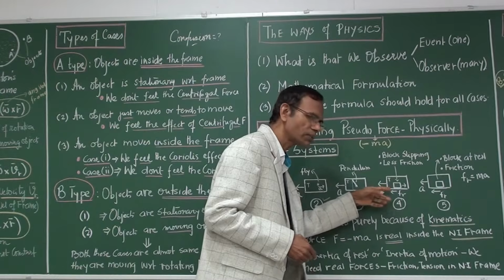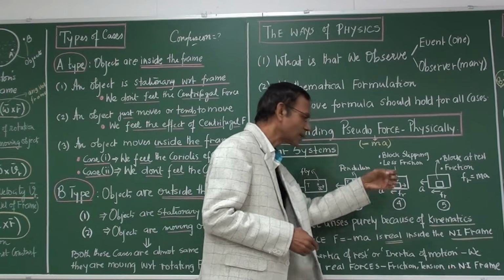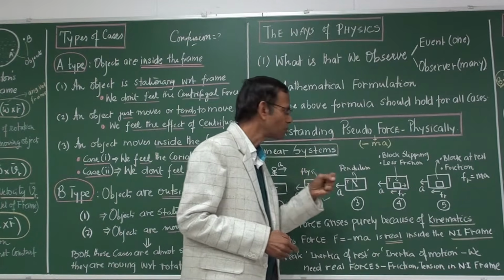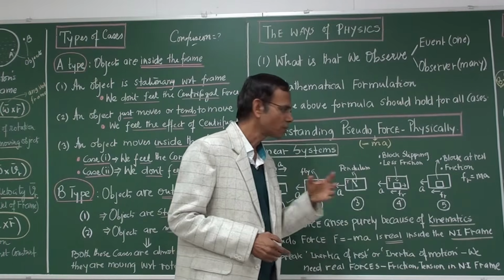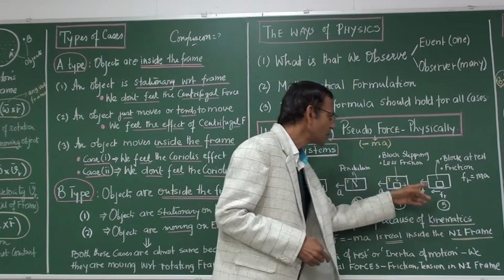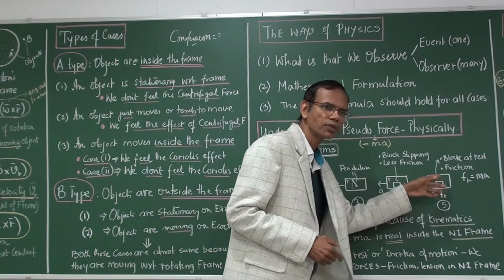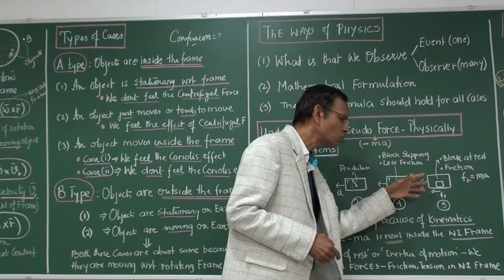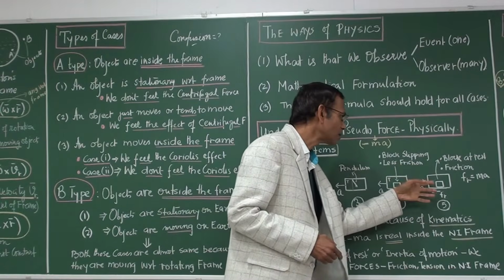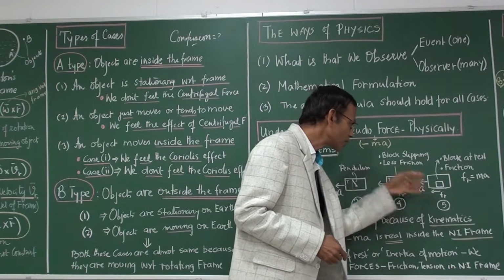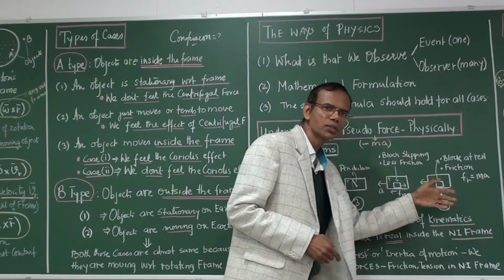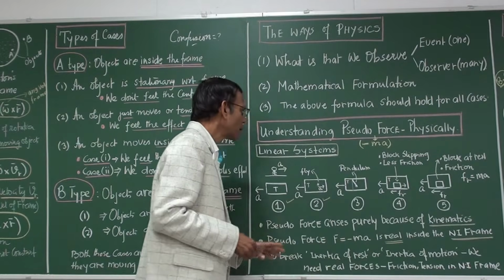Here it is the friction of the train that gives the force, and because of that it gets an acceleration in the forward direction. The last case is the most difficult case to get a feel of the pseudo force, because there is no movement at all and the frictional force given by the train is equal to the pseudo force. Alright.